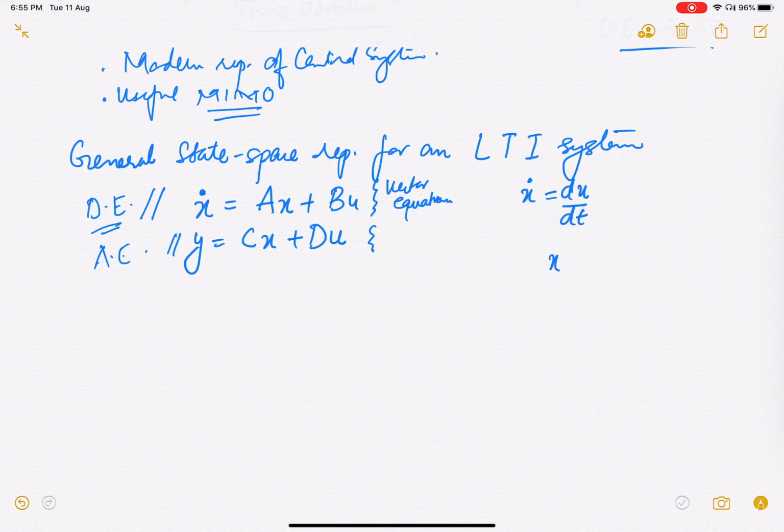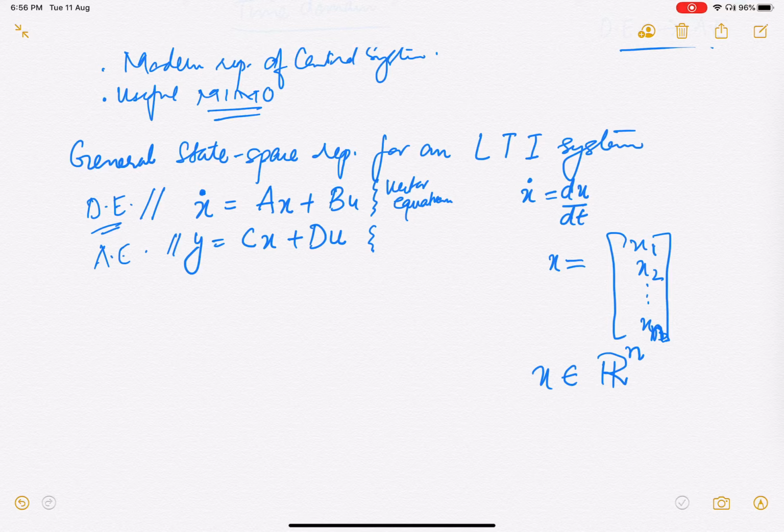And then these are vector equations. Why? Because x is actually a vector. Vector means you can understand right now to mean something which has multiple entries. So x is actually a number of variables clubbed together as a matrix, right? So x1, x2 goes up to xn. So we say x belongs to a real space, and it has n components, right? Why do we call it a vector?